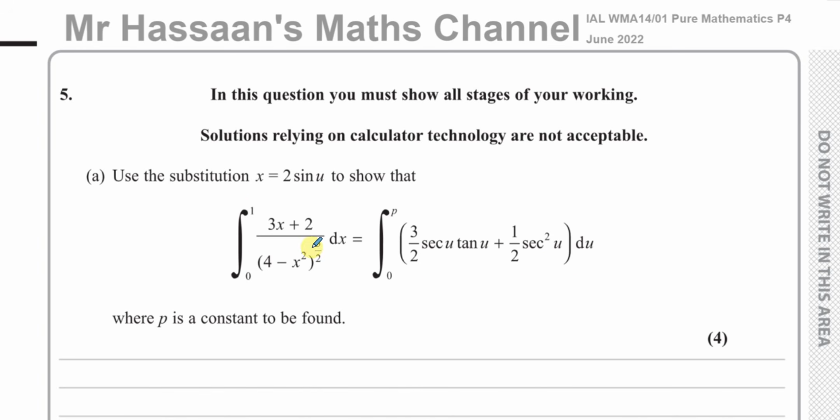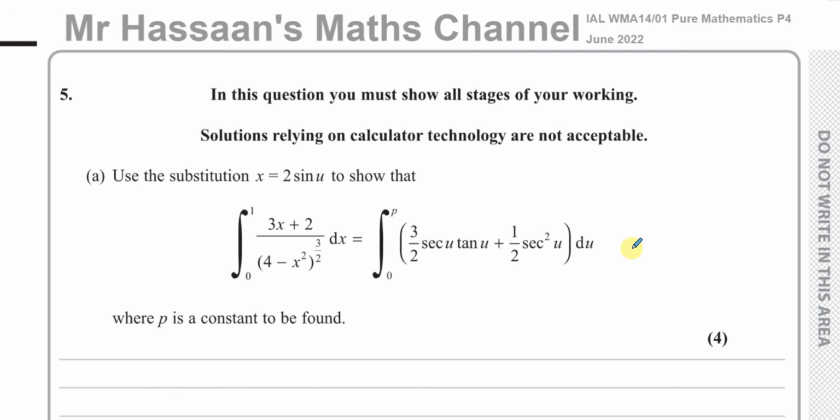So you have to show that this integral can be written in this form, not integrating yet. Actually, I think part B will be integrating this, but we can rewrite it in this form when we use the substitution x equals 2 sine u.